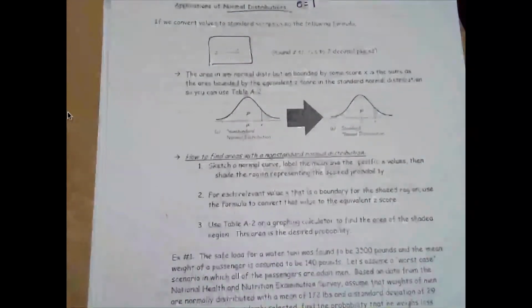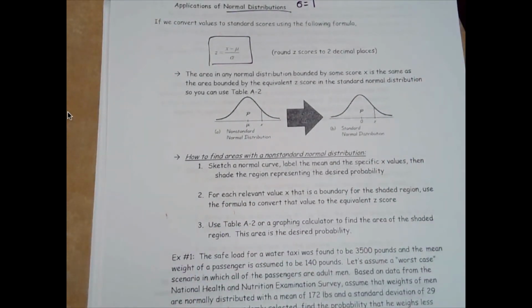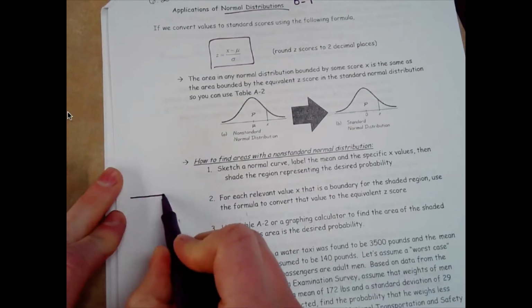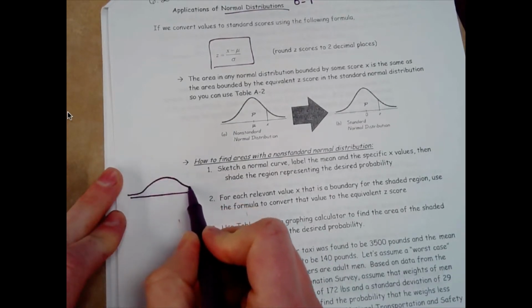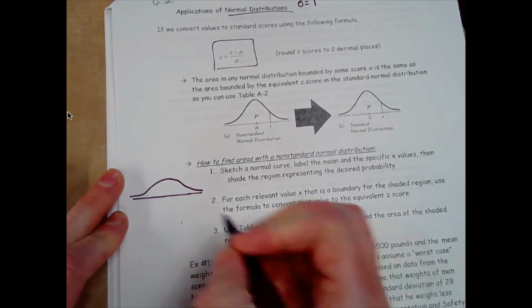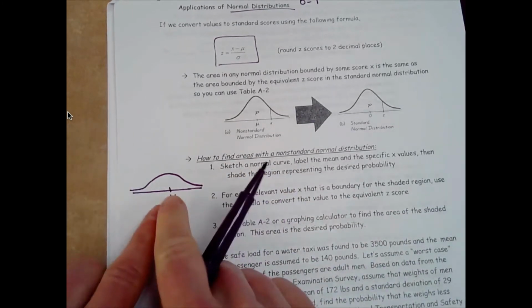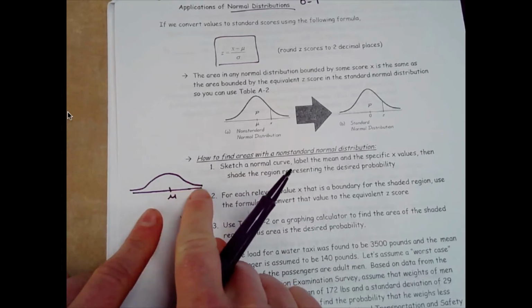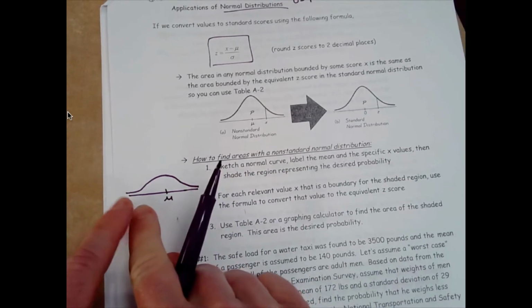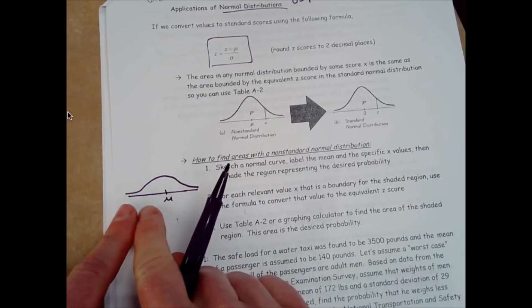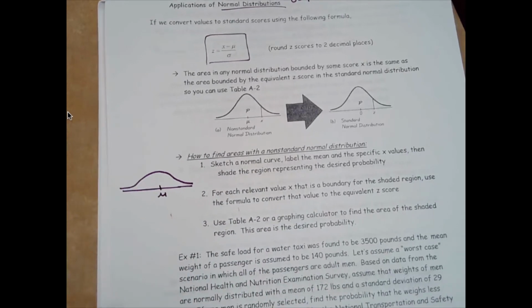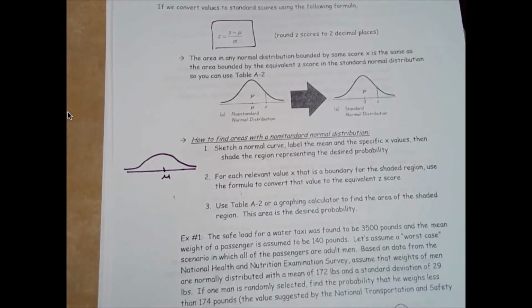To find areas with a non-standard normal distribution, the first thing you want to do is sketch the curve. You know your mean is in the middle, and above it would be positive z-scores, and below it would be negative z-scores, or anything below the actual mean. Shade the region corresponding to the desired probability.